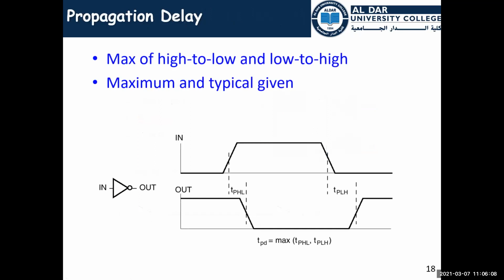And the propagation delay. I told you about the propagation delay previously. We had two circuits, one with two levels and the second with three levels. We said that three levels is not better than two levels because two levels is faster because of the propagation delay. The propagation delay is described by the timing diagram here in the figure. You have the inverter gate, which has an input in and an output out.